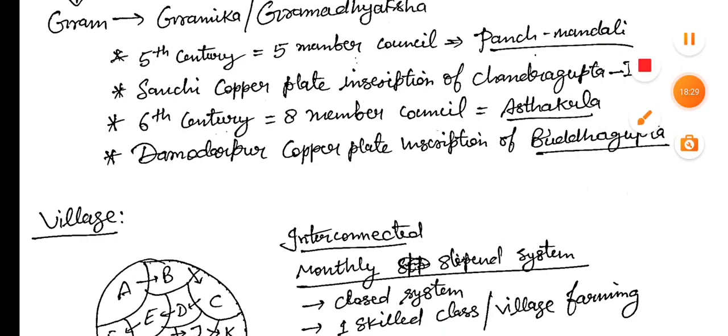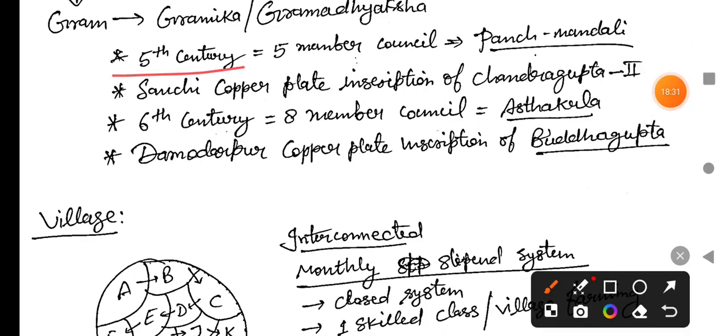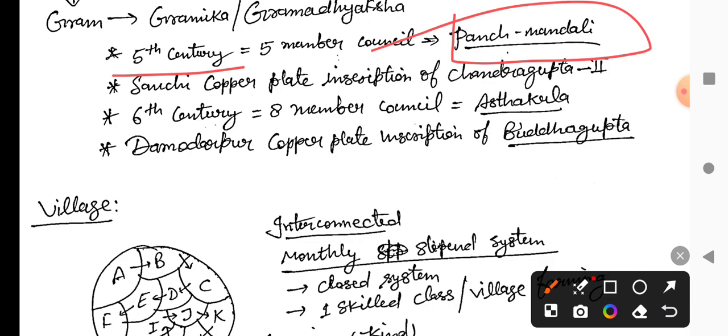In the 5th century AD, a 5-member council assisted the Gramik, known as Panch Mandali. The Sanchi copper plate inscription of Chandragupta II mentions this Gramik system or 5-member council of the gram.